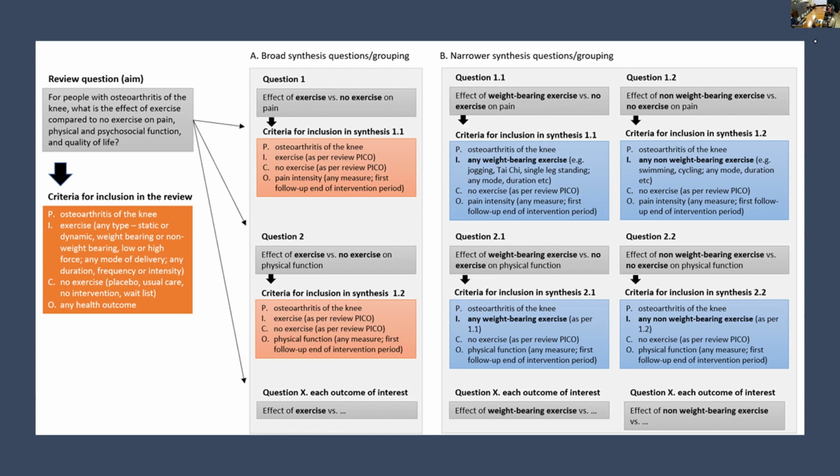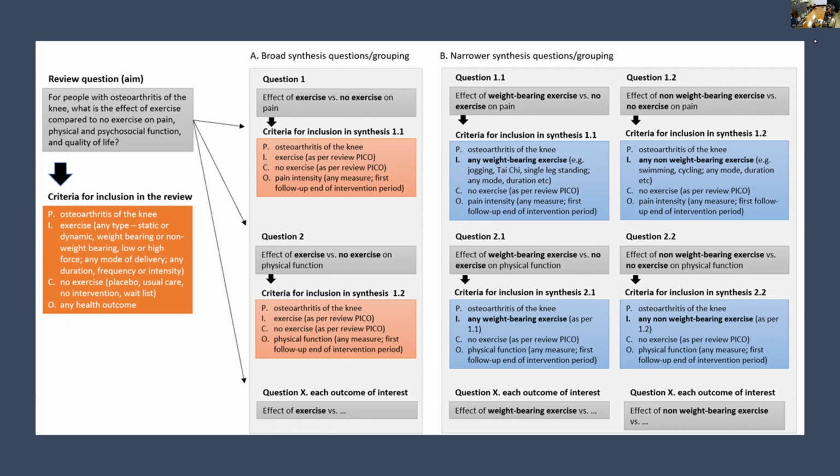intervention and the outcome into multiple groups. If you look at synthesis 1.1, I had split the intervention into any weight bearing exercise, which is jogging, tai chi, whatever. And the second one is any non-weight bearing exercise. Now if you look at the outcome, I had pain intensity, which was already here. And then under each of them, I had again divided them into pain intensity and physical function.